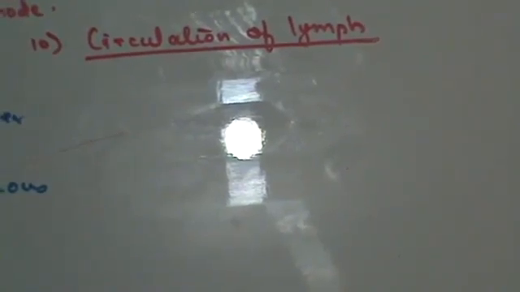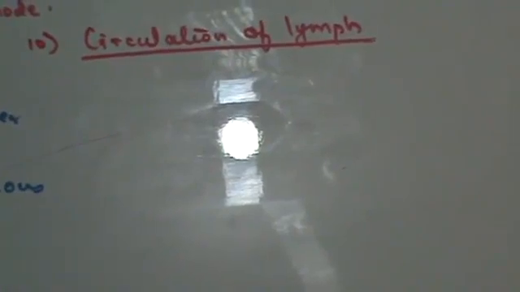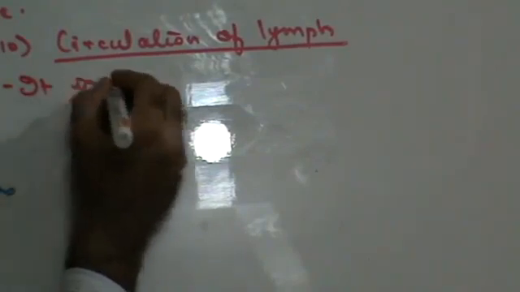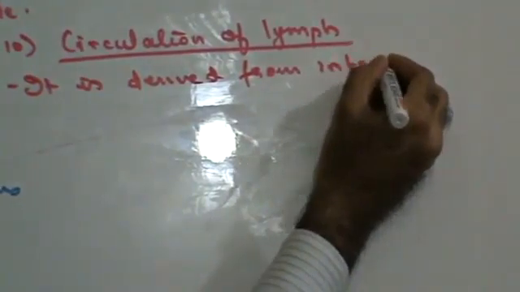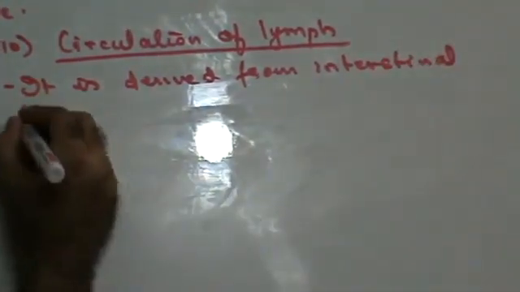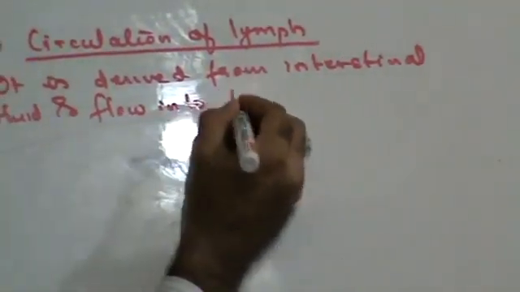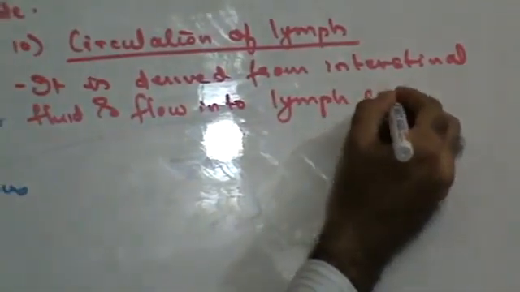Now, lymph, as we said, is derived from the interstitial fluid and flows into the lymphatic capillaries.